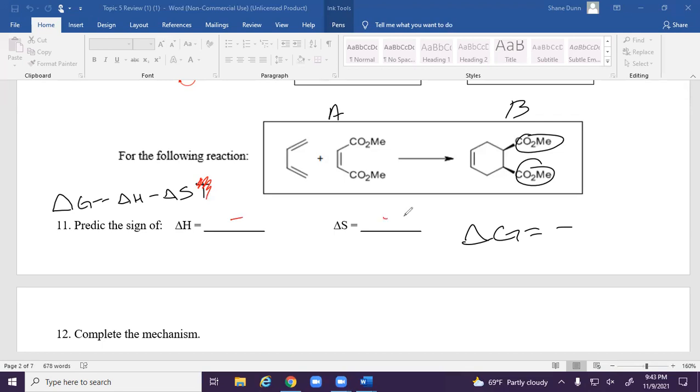Negative, negative. Good job. Why did we want delta G to be negative? Because negative delta G is spontaneous. This is spontaneous, meaning that this guy requires less energy to make, so we want to become him. That's all it means. I don't know why he's doing this. It's more biochemistry than it is organic chemistry, but whatever.